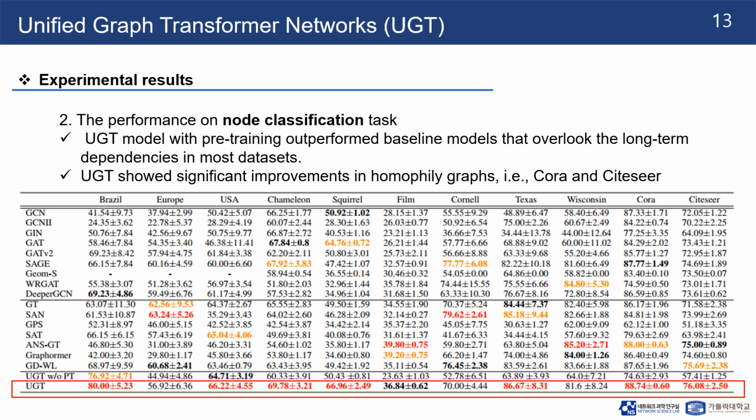On the node classification task, UGT with pre-training outperforms the baseline models that overlook the long-range dependencies in most datasets, and it also shows significant improvements in homophilic graphs, for example, Cora and Citeseer here.